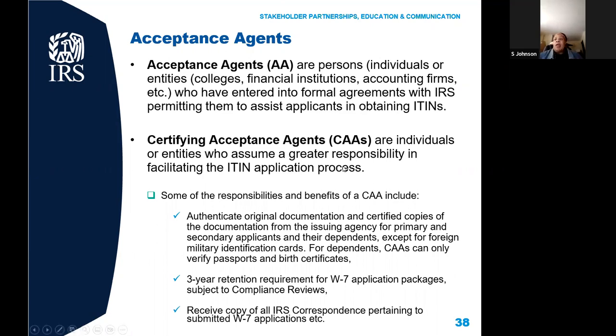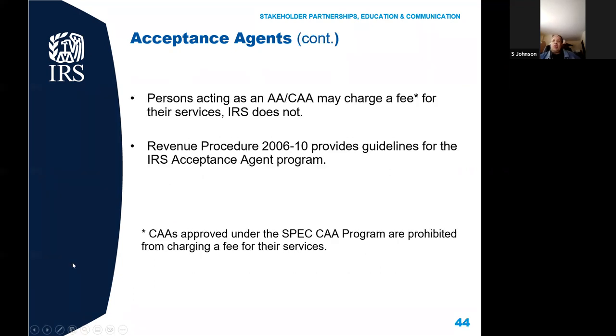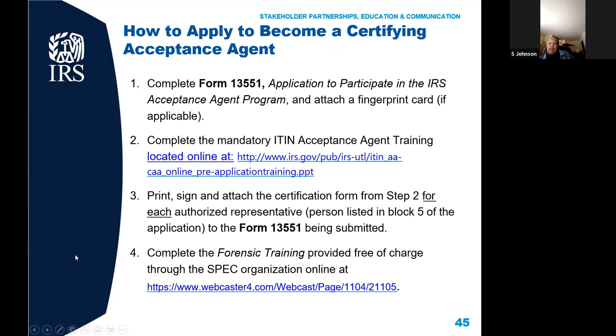Okay. That's pretty much what this next slide is talking about. And as we continue on to the next slide, how to become an agent. Currently, they are not accepting any applications right now.